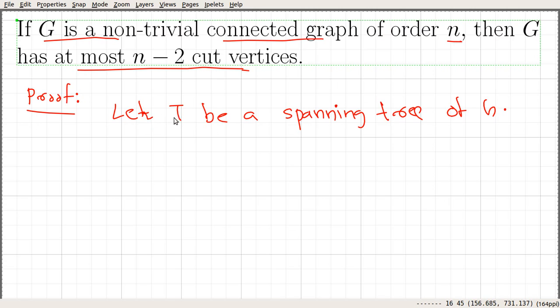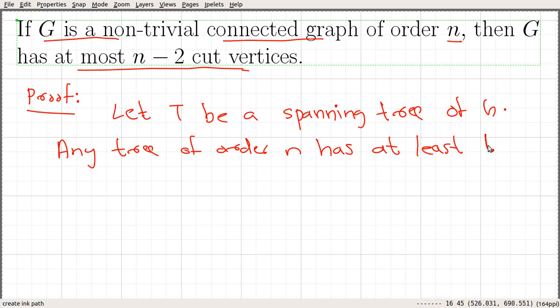Now we know any tree of order n has at least 2 leaves.